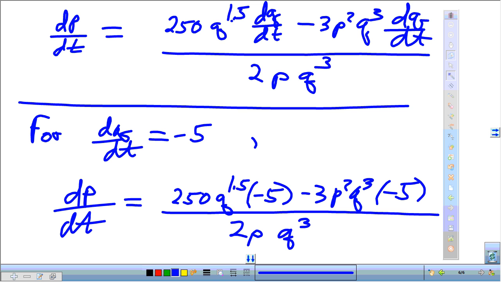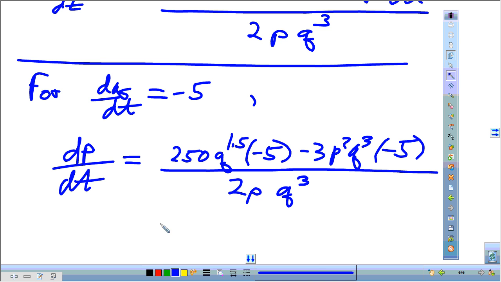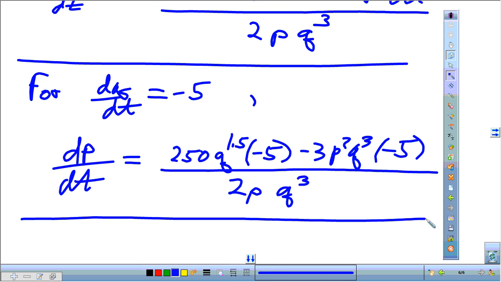So the change in price will also depend on what's happening at the moment. At what point (p, q) are we on that curve? So we need more information to give a specific change in price.